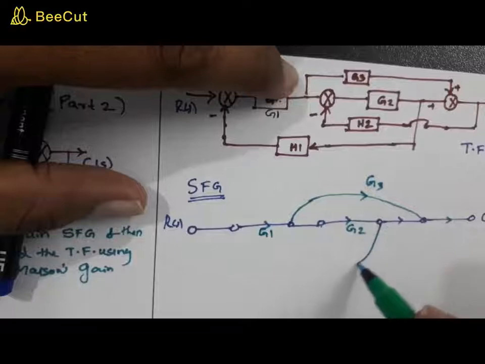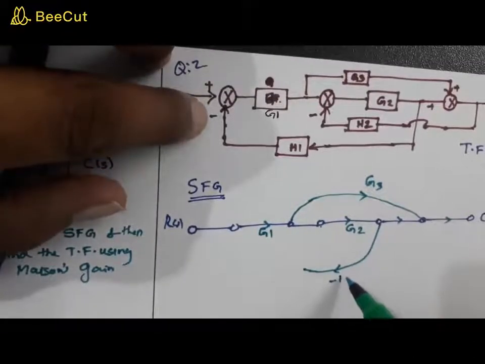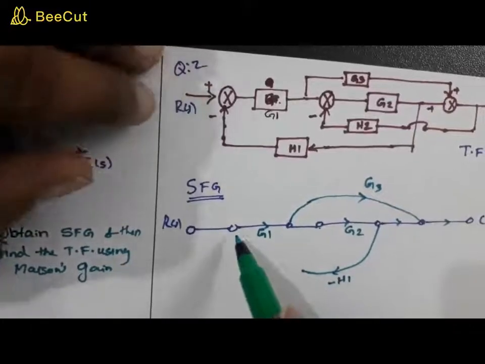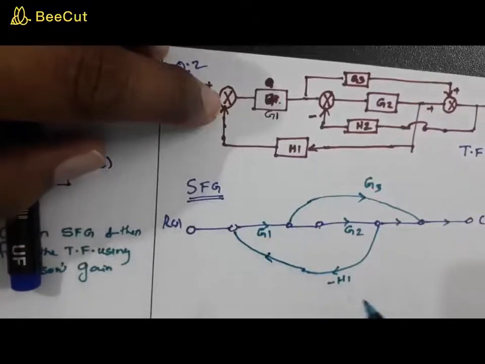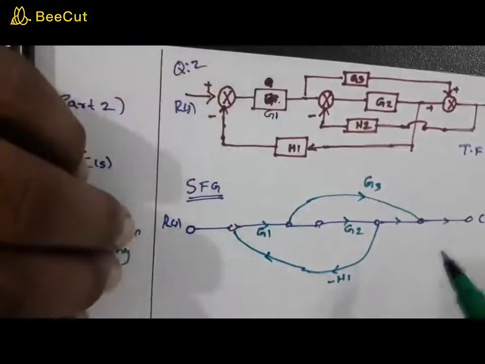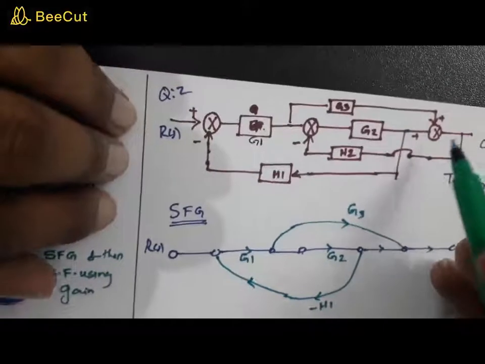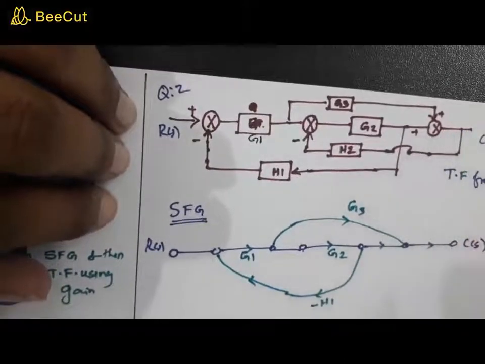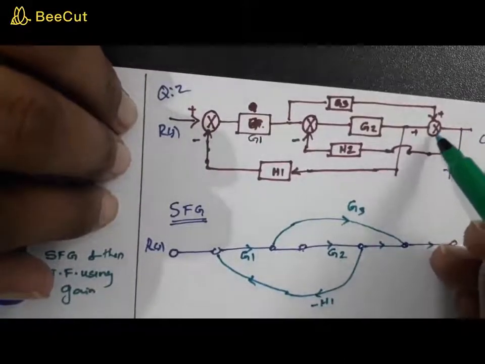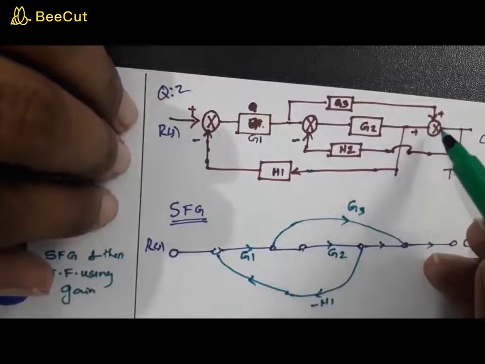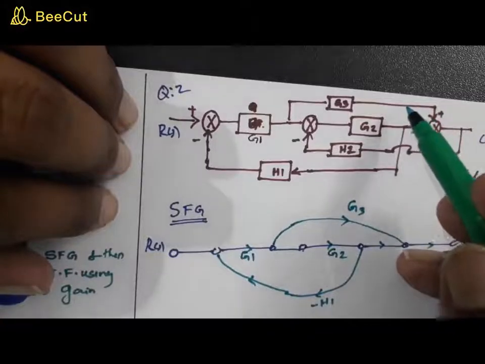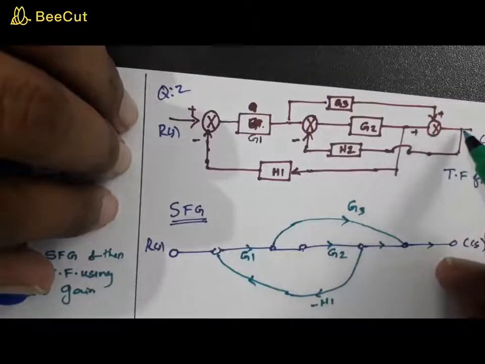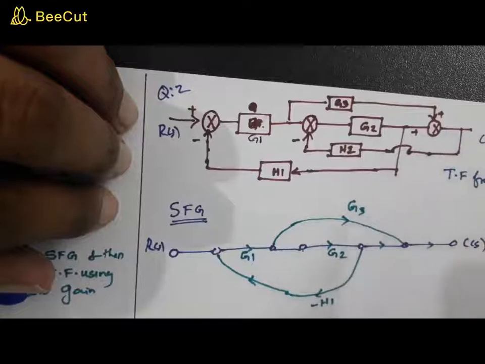Okay, so you have an H1. So this is your H1, and that is a minus H1. Put minus H1, and it is coming to this side. So you can draw like this, right? Then after that you can see an output is taken from this point, that is from CS, or you can consider this point, because I told you this node, this point is a point where you are having the signal that comes from G3 as well as G2, and the same signal is fed back, so you can consider this as a node.